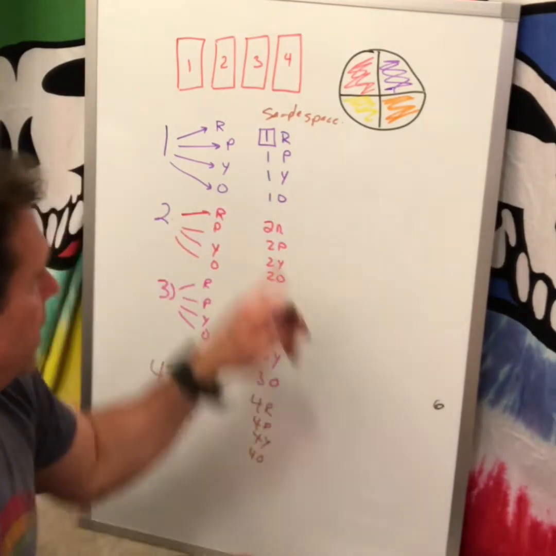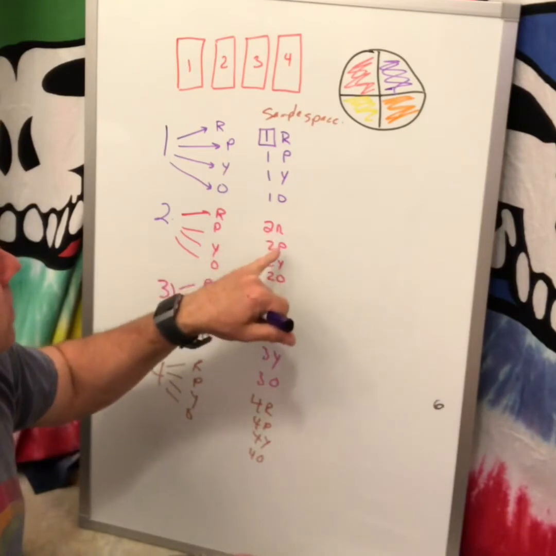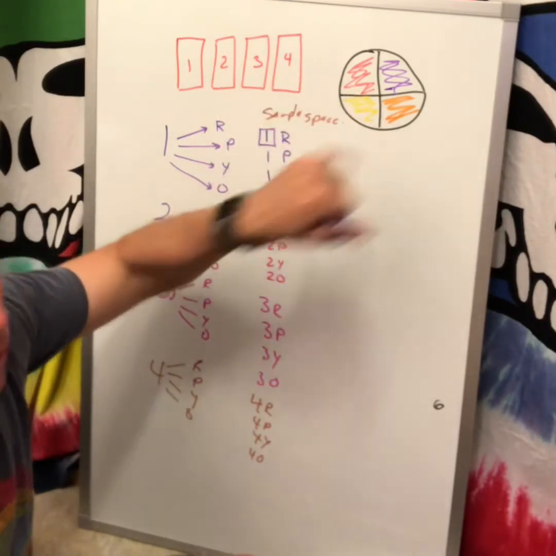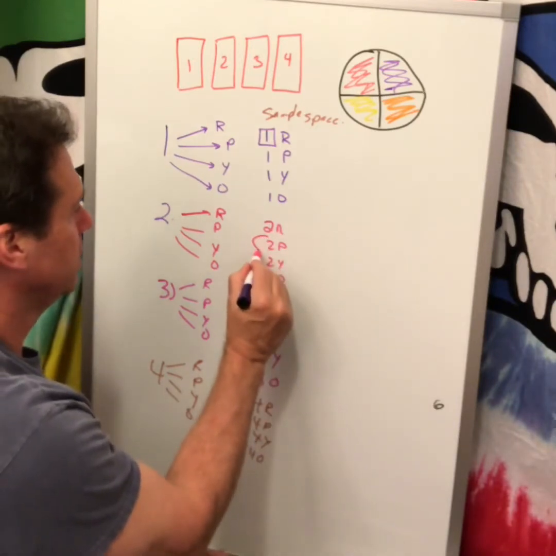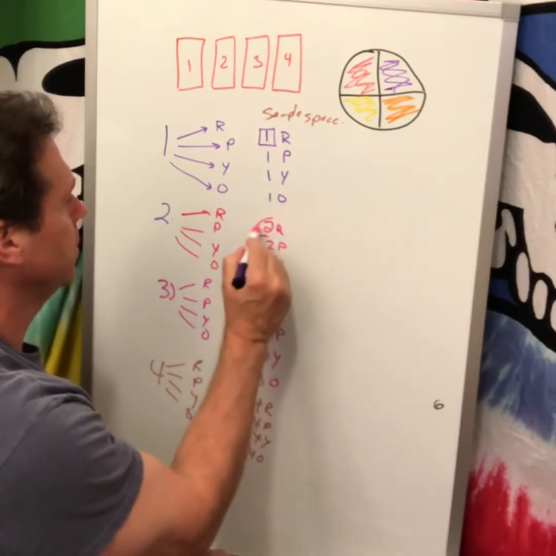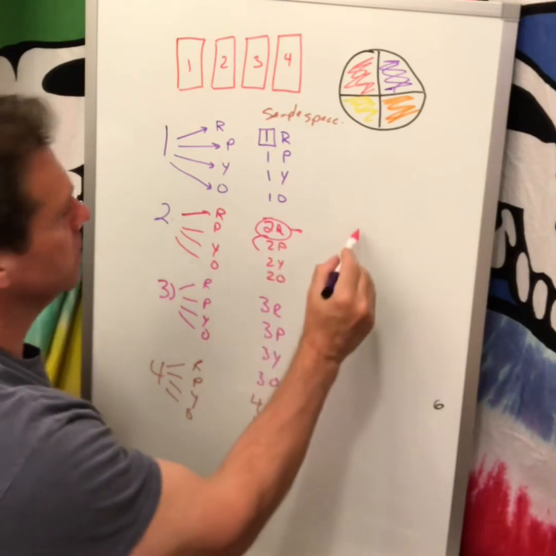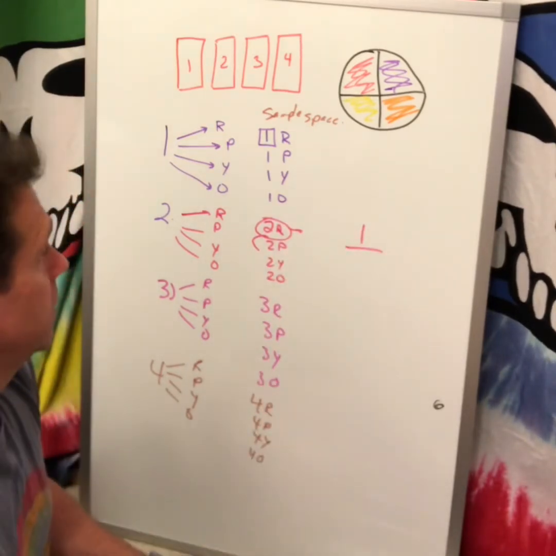So if I want to find out to get a 2 and then a red, so draw a 2 and then a red, I would have this chance. No, it's going to be R. This chance. So I'd have 1 chance of doing it.